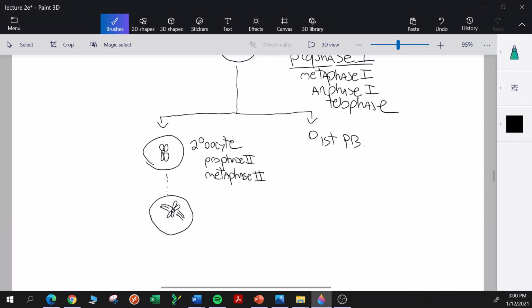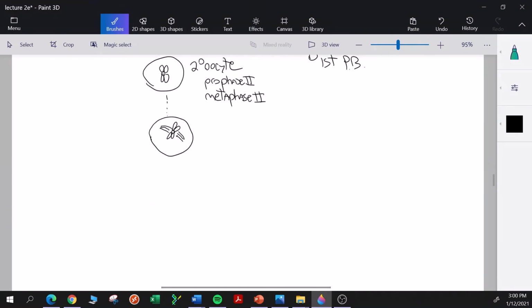And if this is fertilized, only if it's fertilized by a sperm, and here we have a sperm entering the egg, it releases its nucleus, called the pronucleus, with 23 chromosomes. Only if it's fertilized will meiosis complete, and then we will have 2 nuclei.